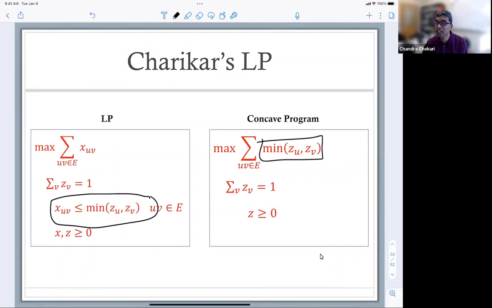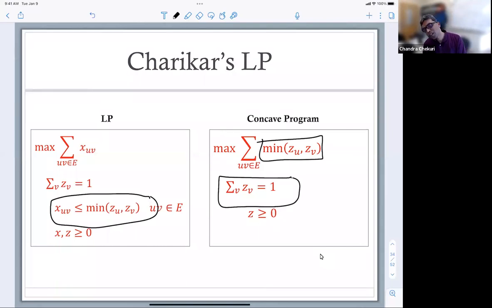Min zuzv is my objective. And you just have this constraint, and you can see that it's a concave program. That's the reason why it's a linear program if you write it this way, but if you put it in the objective with only the variable zv, then it's a concave program.